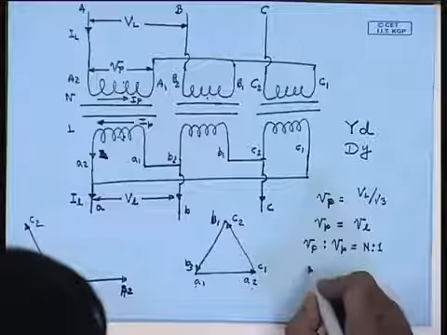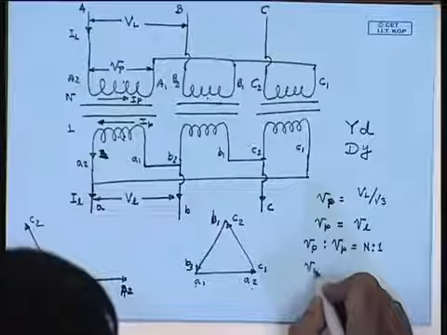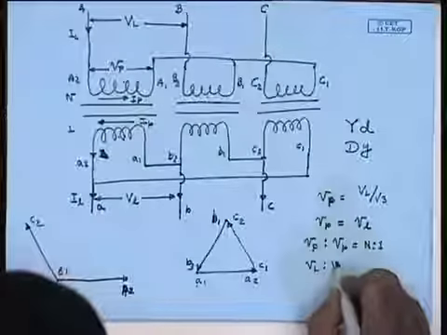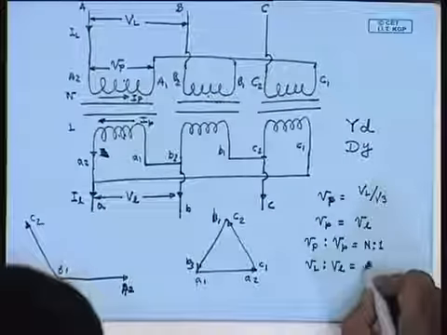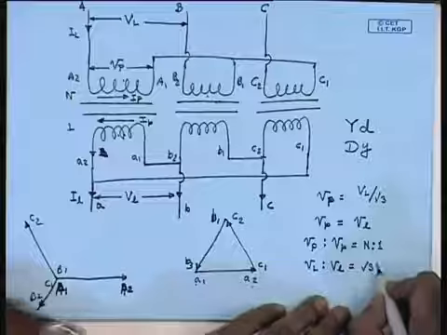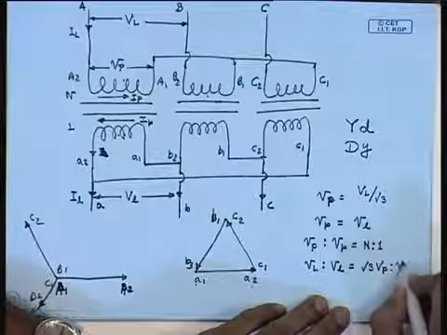Therefore, V capital L is to V small l equal to √3 V capital P is to V small p.